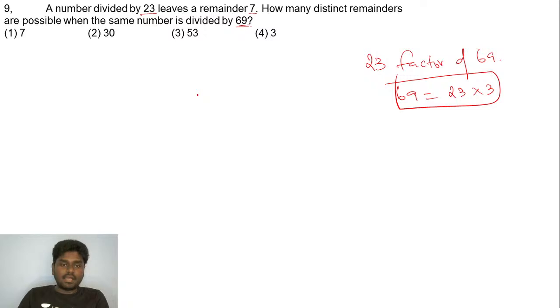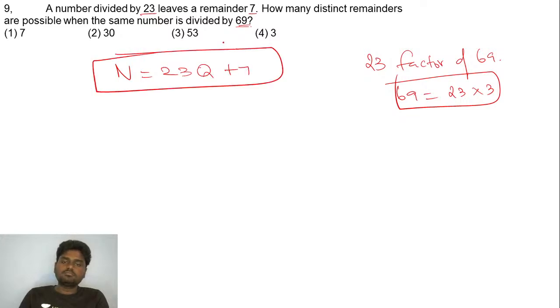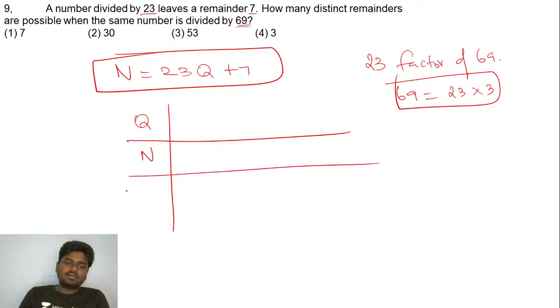So it is super clear that n is equal to 23q plus 7. And let me go for the same rituals. Let me take q to be the quotient, and this to be the remainder when I divide that number n by 69.